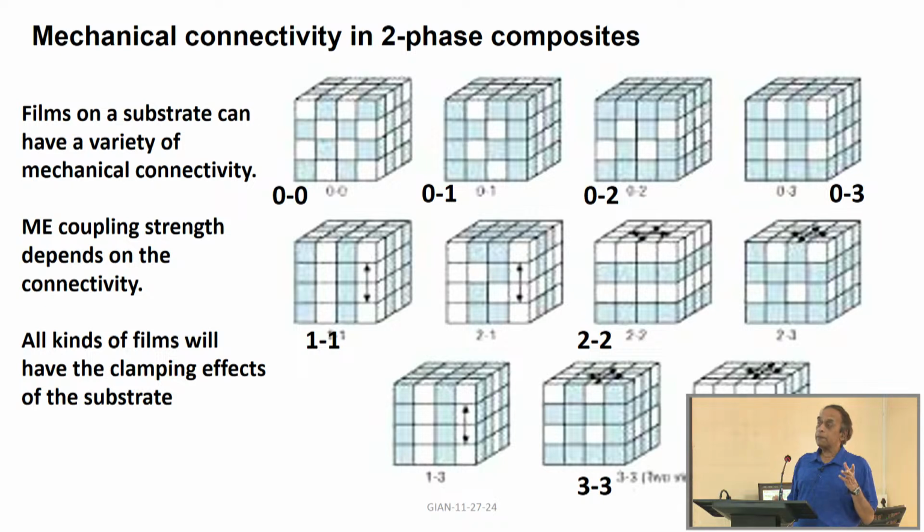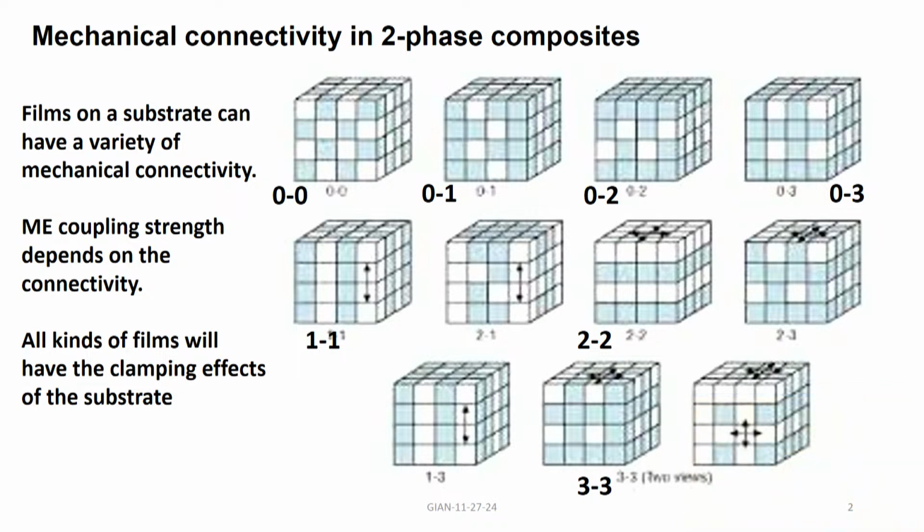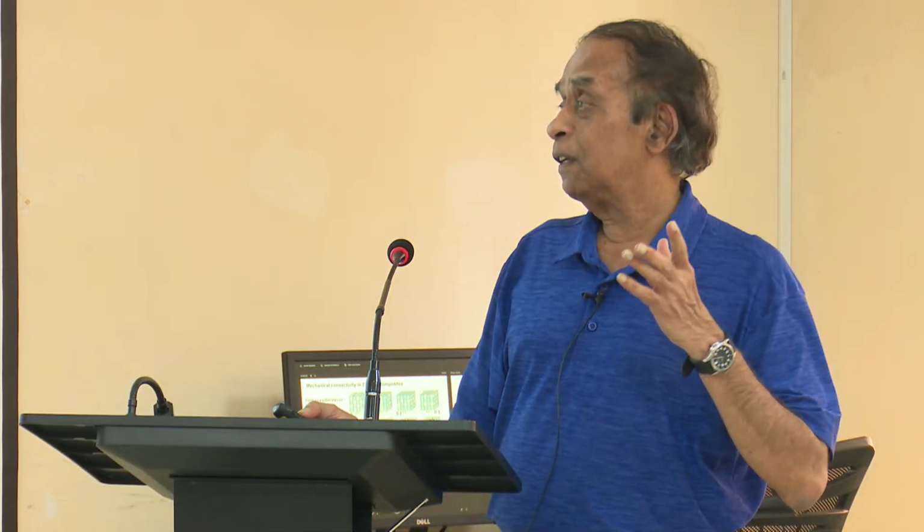All these magnetoelectric interactions are mediated by mechanical strain. So, it very much depends on how these two phases are mechanically connected to themselves or to the other one. There are a whole bunch of connectivities, I think maybe 10 or more.